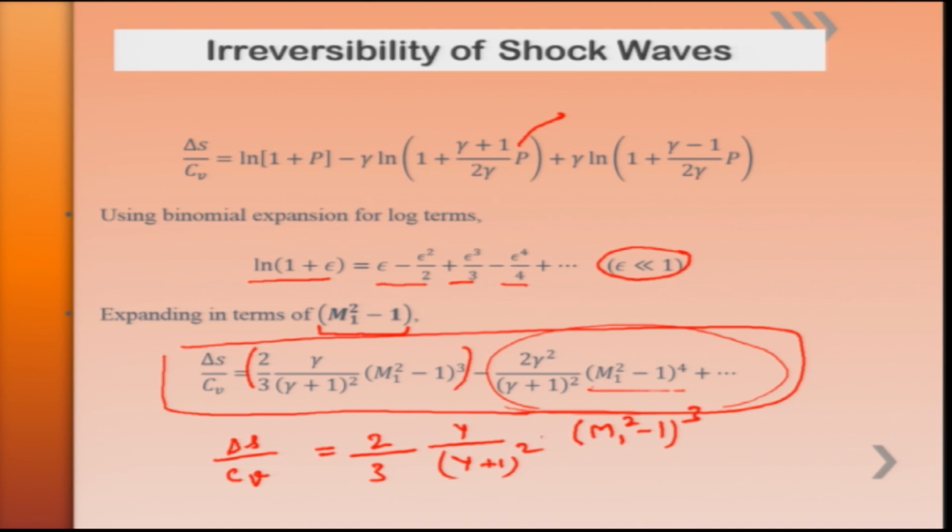That means delta S by Cv is directly proportional to M1 square minus 1 to the power 3. What we essentially find is that the entropy change across a shock wave is proportional to the cube of the shock strength.